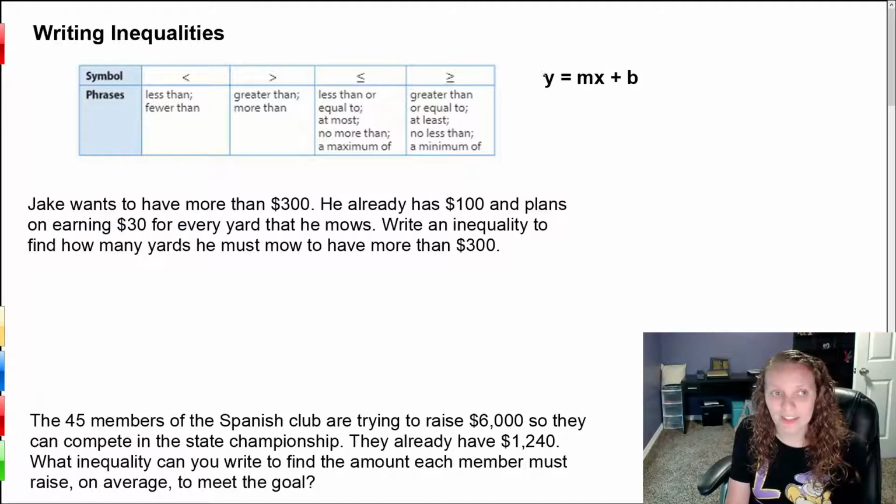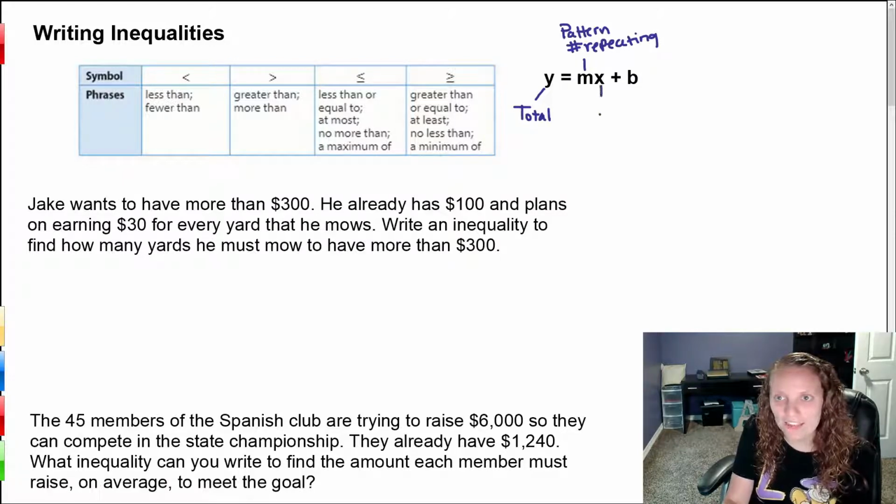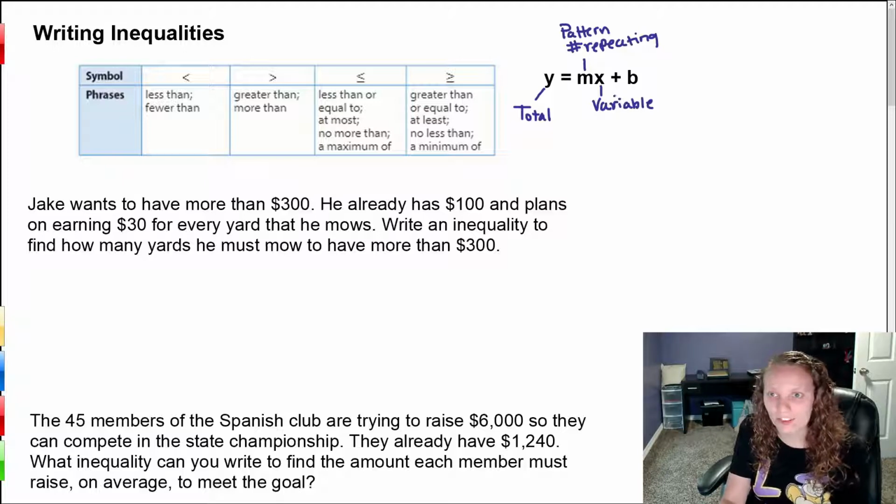Now, when writing these inequalities, we're still going to use the same format, y equals mx plus b. Let's just review that really quick. Y stands for the total. M stands for whatever pattern you see. If you notice that a number is repeating, remember that x is called the variable, and the variable does not have to be an x, it could be any letter.